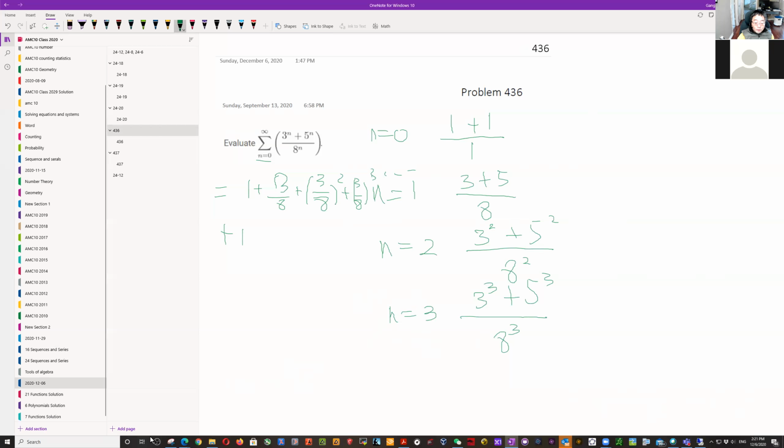And this is plus 1 plus 5 plus 5 squared plus 5 cubed plus all the way to infinity. So if you are able to write out these steps, then things become clear. So it's actually a summation of two separate geometric series.